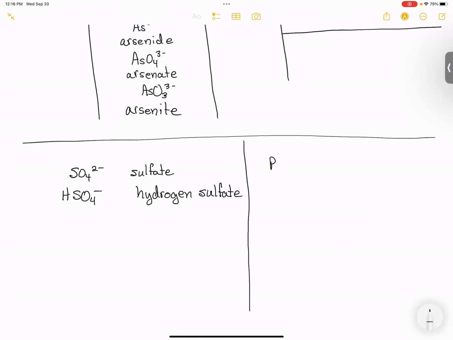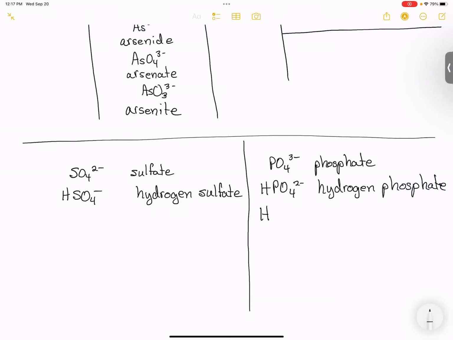In addition to phosphate, you can have hydrogen phosphate. You can have dihydrogen phosphate.